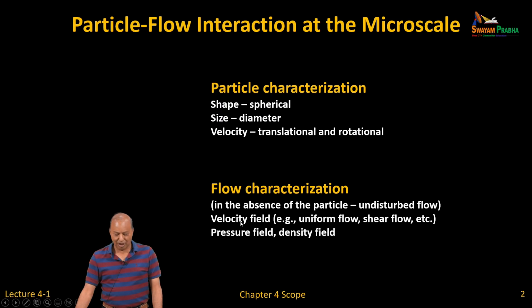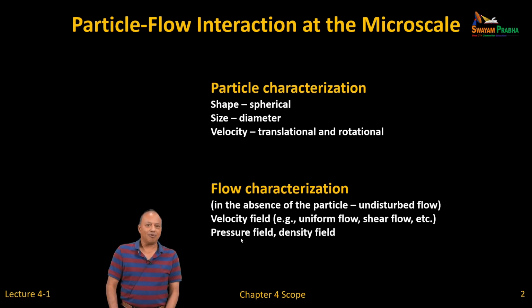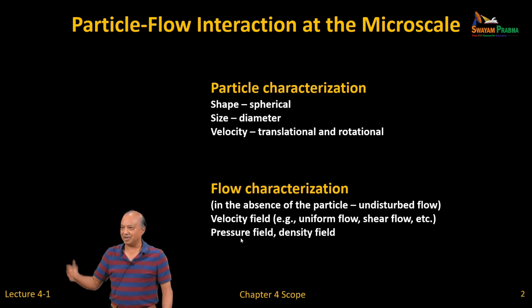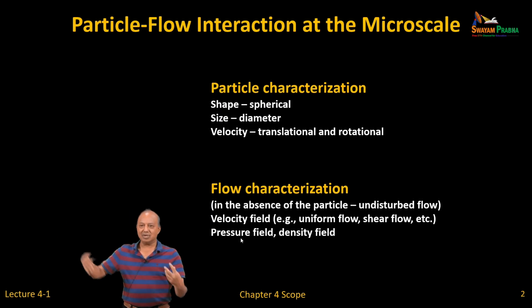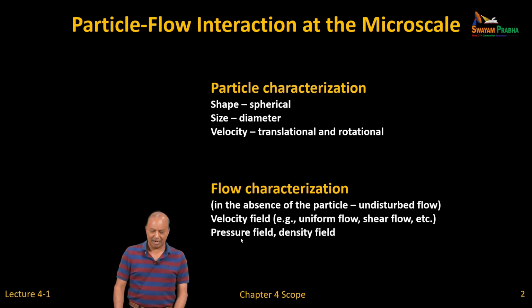Now we also have to describe the flow. So now you have to think a little bit more carefully. How do we describe the flow? So we all know Stokes drag. When we talk about the Stokes drag, we are not talking about the flow velocity very close to the particle. We are looking at far field. So in other words, you tell the particle and you tell what's the flow, oncoming flow, far field, or technical term is undisturbed flow.